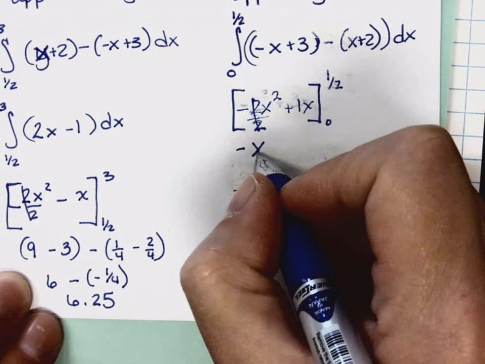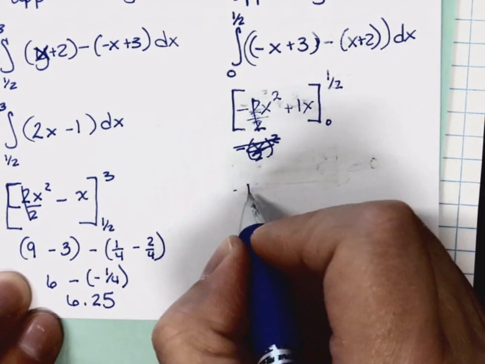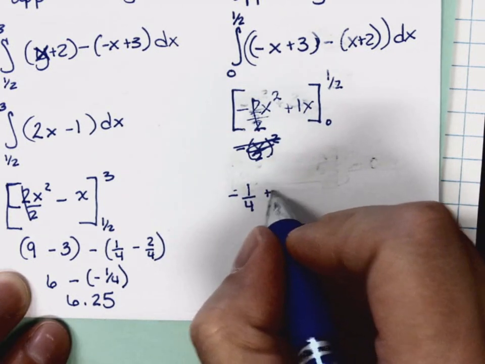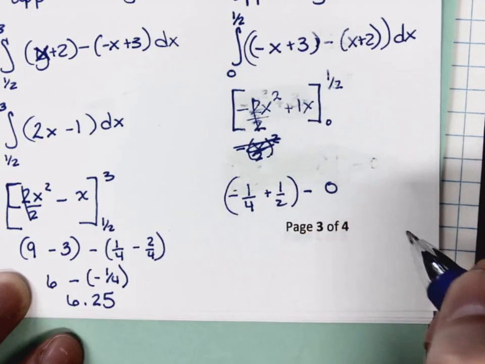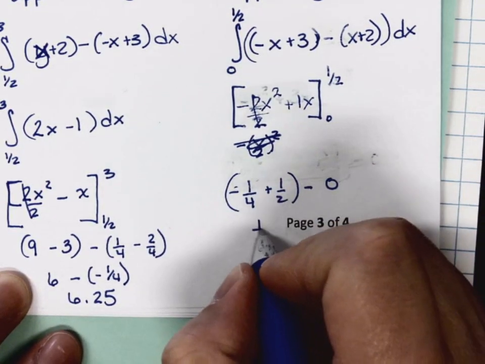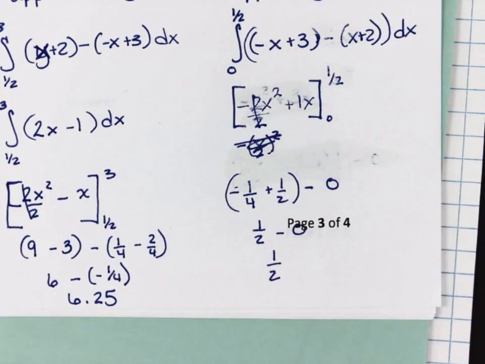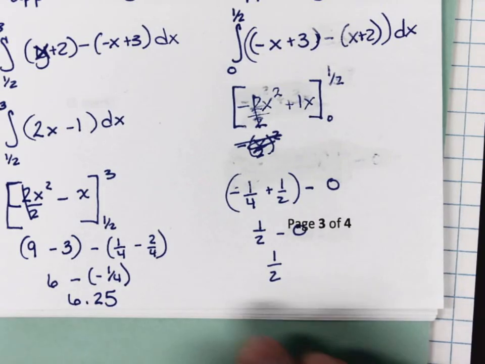It's really hard to read. Okay, so one side is 6.25, and the other side is a half. So the total area is going to be those two added together.